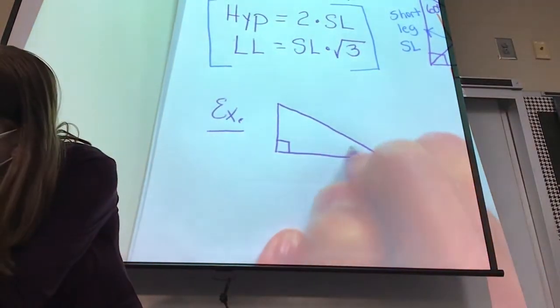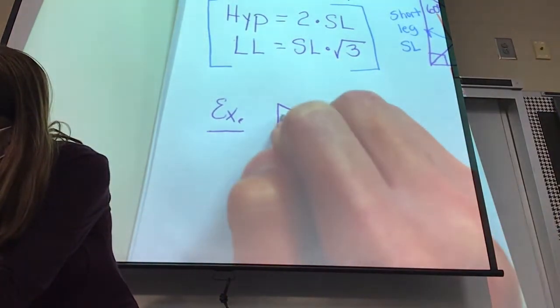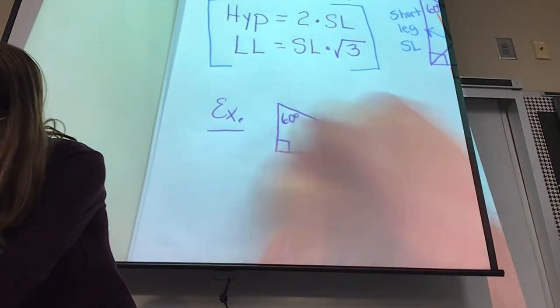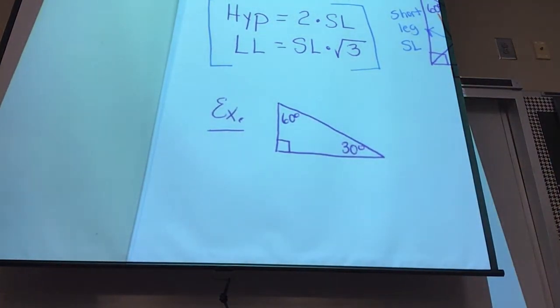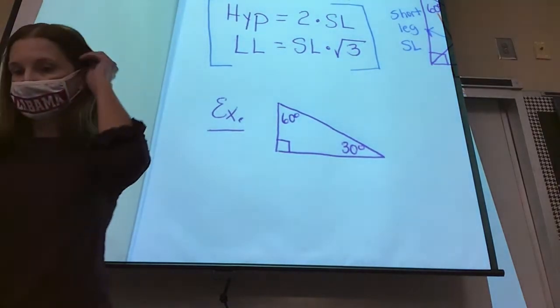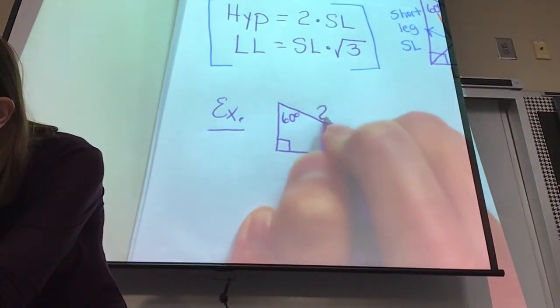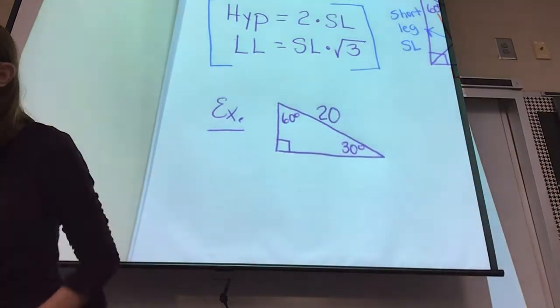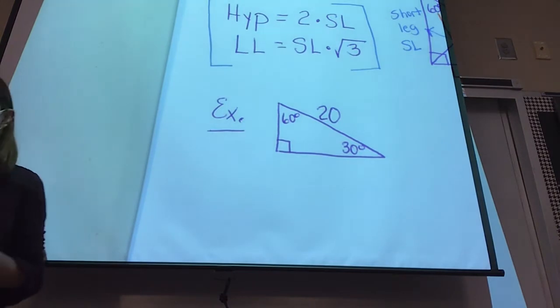This is my 30 degree angle. This is my 60 degree angle. Now they may not always give you both measurements inside, but I did to start with. So now we know that this is 20. That's all we know at this point.